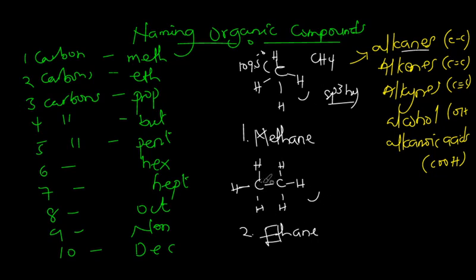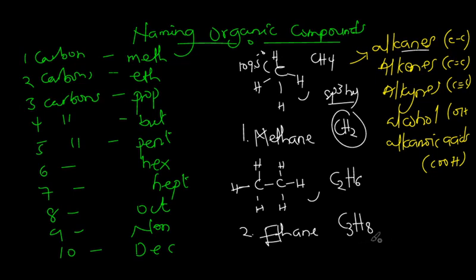The condensed form of this will be what? How many carbons do we have here? We have 2, so C2. Then how many hydrogens? H6. Okay, so you can see this and this, they are increasing by CH2. So the next one in the line will be what? C3H8.